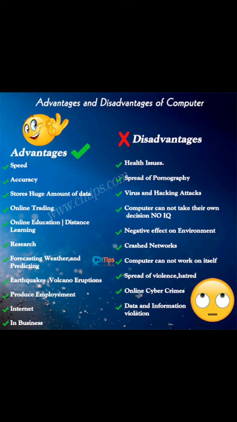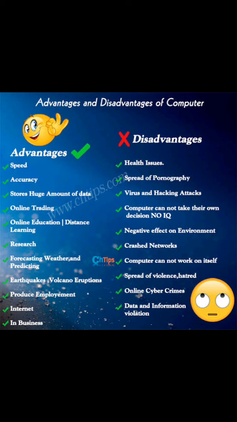First, we are going to see the advantages. First one, speed. If a man does the work, it takes many hours, but a computer does some work within a minute and finds the answer.